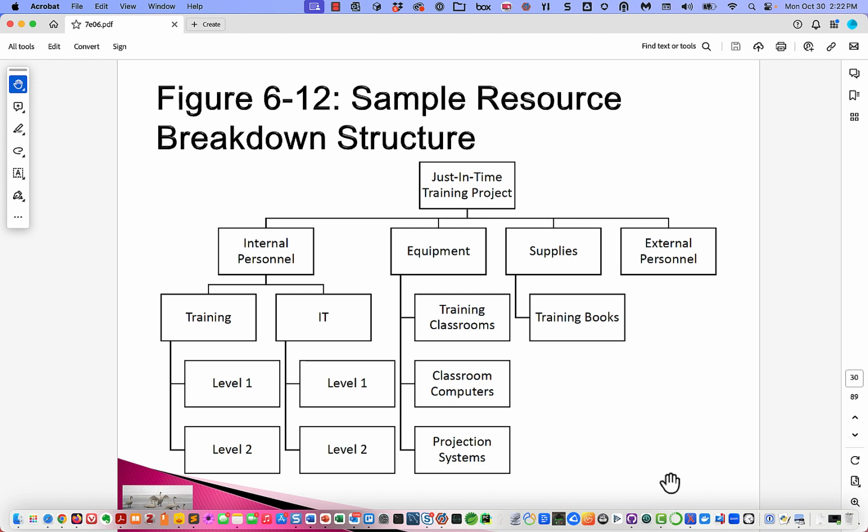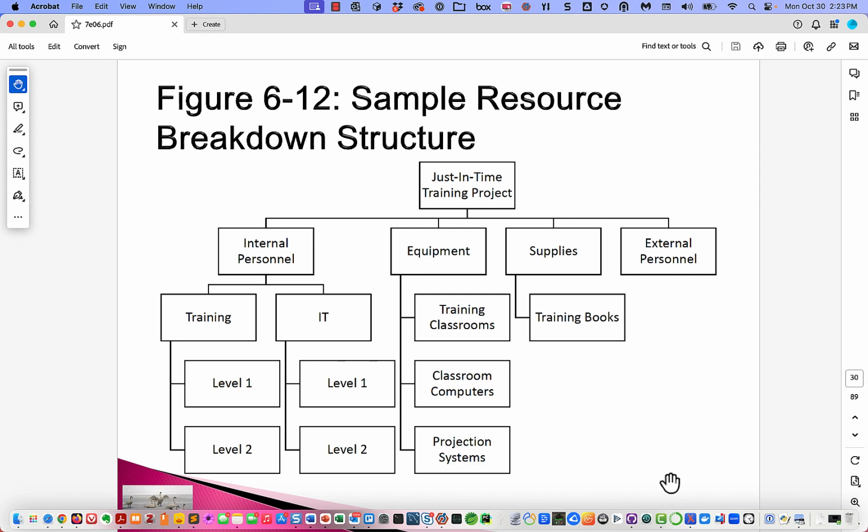Another idea that's been hanging around this kind of thinking for a while is to take the same kind of approach that we took to breaking down the work in a hierarchical organization that we called a work breakdown structure.